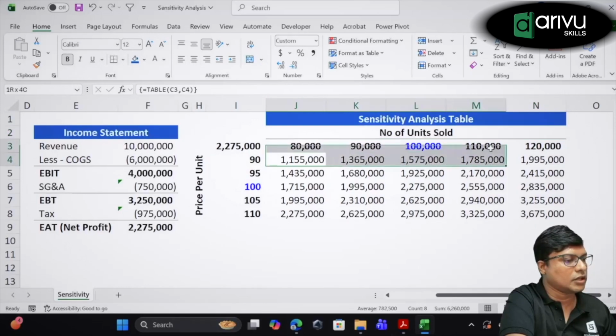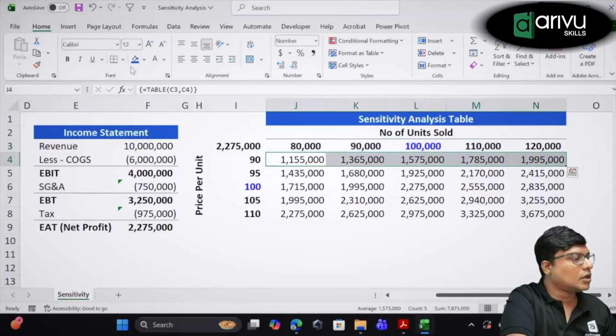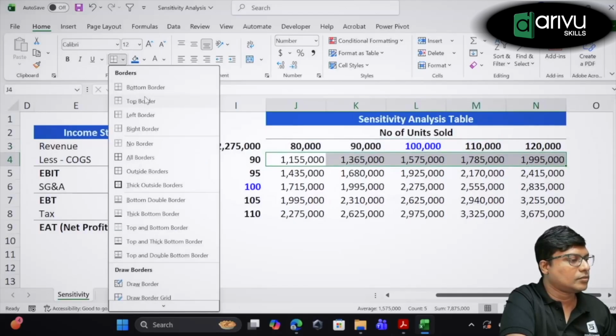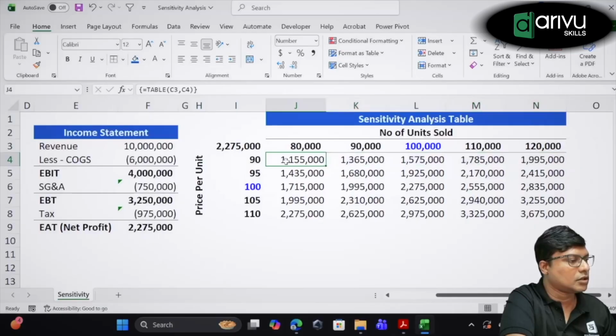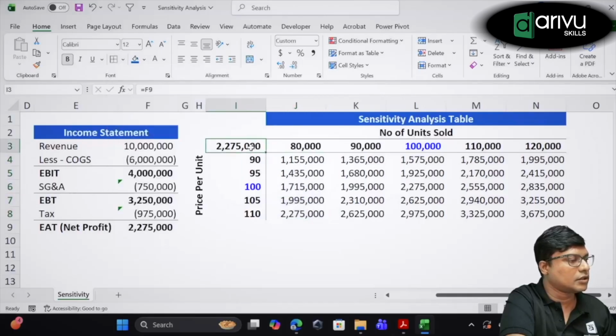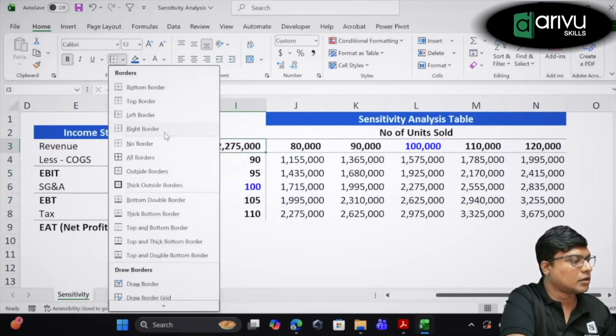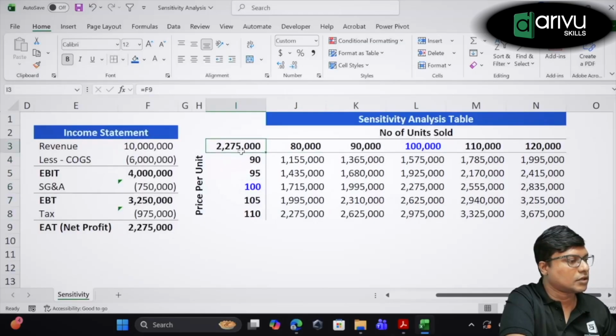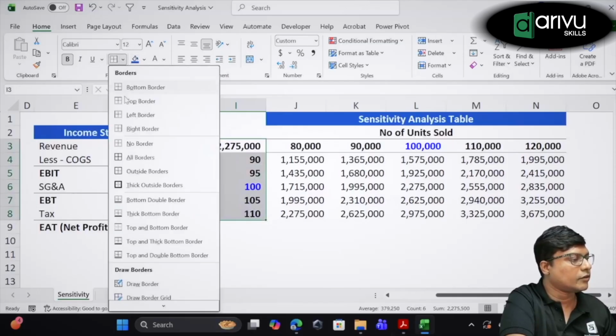Then here, apply the top arrow. Here, apply the left arrow. Here, apply the right. This, apply the left arrow.